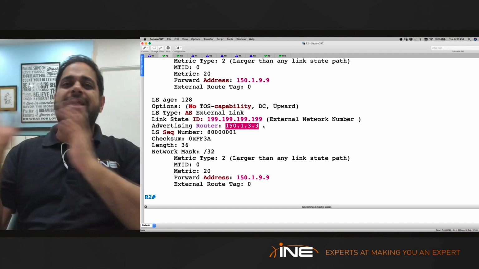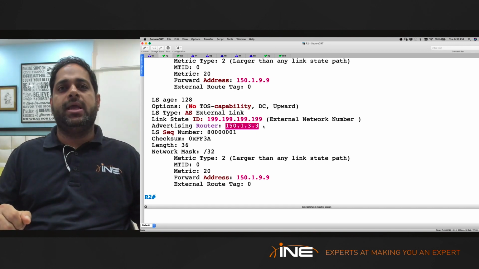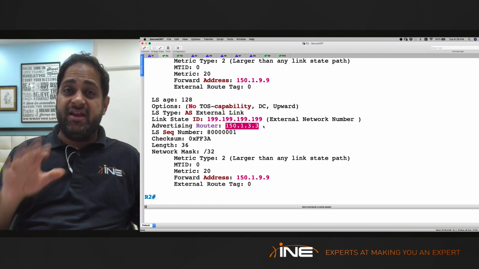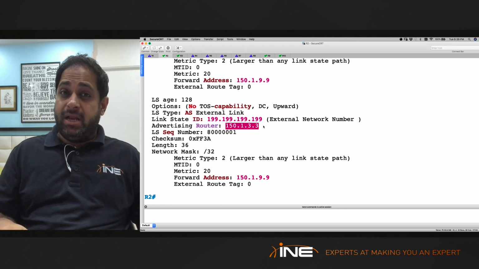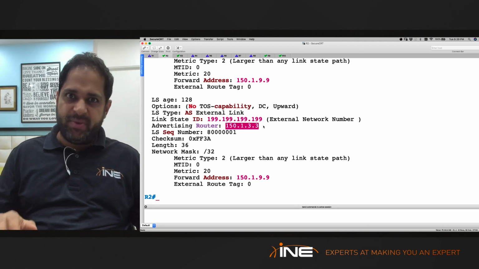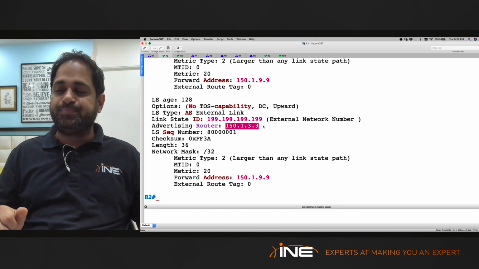So for the outside areas, they don't know R9, they know R3. R3 is the advertising router for the LSA5 update, and it's not R9 because LSA7 cannot go throughout the OSPF domain. It gets blocked and translation happens 7 to 5.